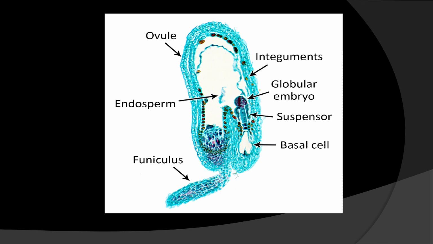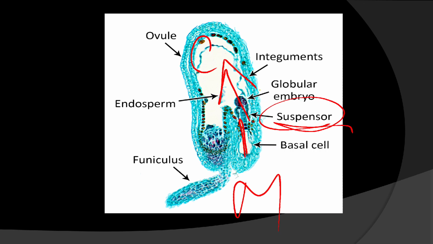Now the main thing is that the embryo is growing towards the chalazal end, whereas the suspensor lies towards the micropylar end. The main role of the suspensor is to push the embryo so that it reaches the endosperm and takes the nutrition from it.